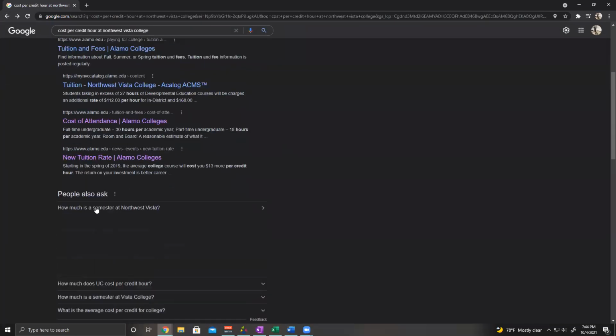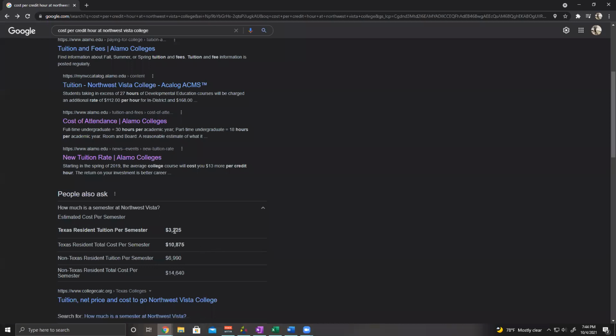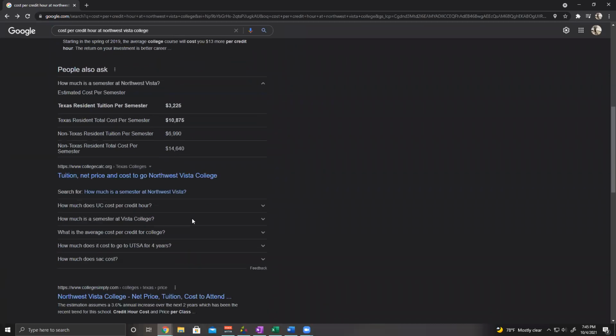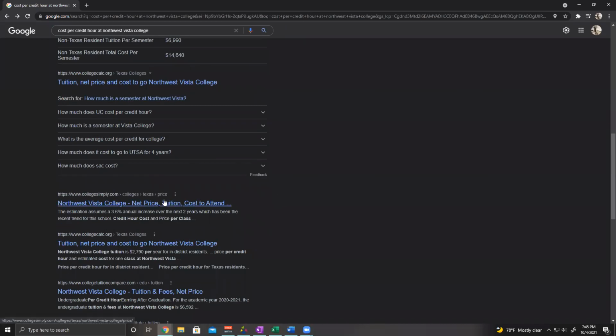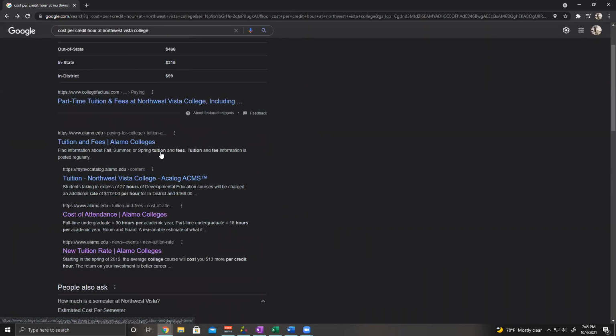How much is a semester at Northwest Vista? It's still cheap, but I don't think it's that much, right? If it says $99 per credit hour, that's a lot of money though.